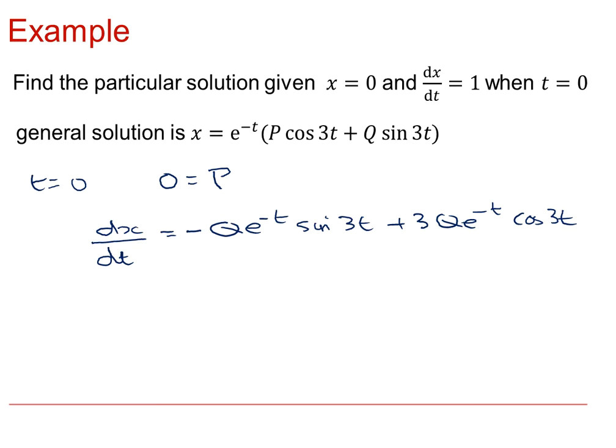Putting this equal to 1 when t equals 0 will give us just 3q. Thus q equals a third. And we can write the particular solution as being x equals a third e to the minus t sine 3t.